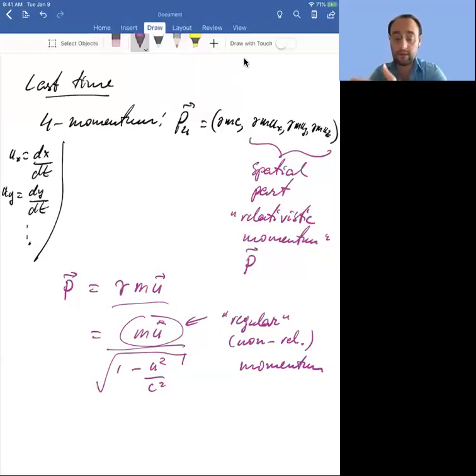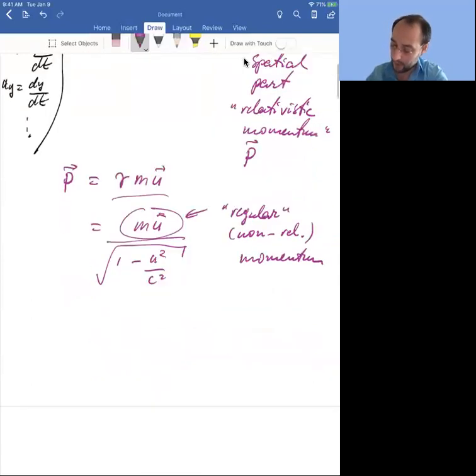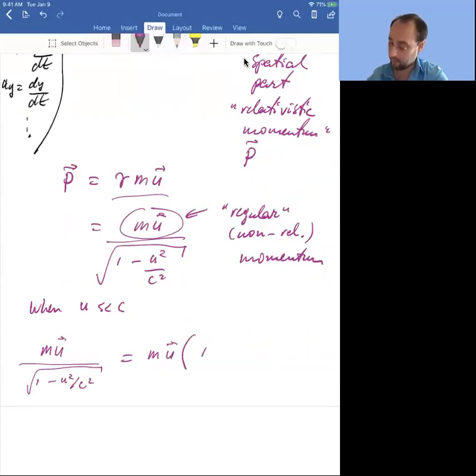This name is justified for two reasons. So first, it reduces to the conventional momentum at low velocities. So when u, without the vector, meaning just the magnitude, is much, much less than the speed of light, you can show that mu divided by the square root of 1 minus u squared over c squared, with a Taylor expansion, becomes mu times 1 plus 1/2 u squared over c squared plus higher order corrections.